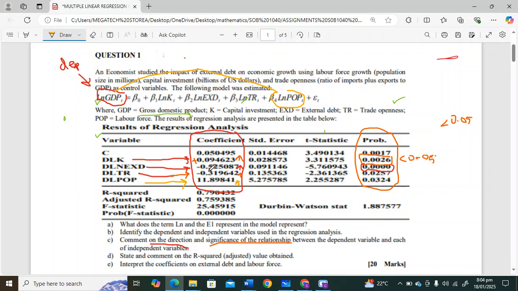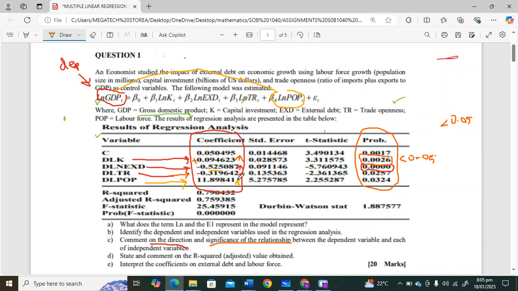So here, when I said 52.5, I mean these will be percentages. So here for external debt, if external debt increases by 1 unit, GDP reduces by 0.525%. Here it's by 0.319%. Then here 11.89%. Don't multiply them by hundreds.